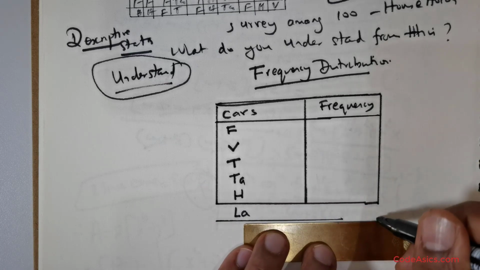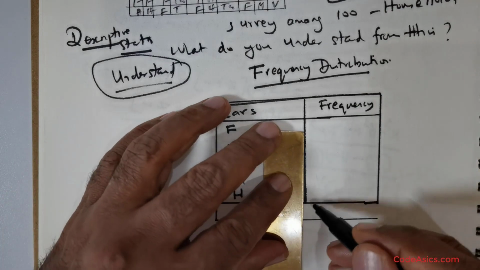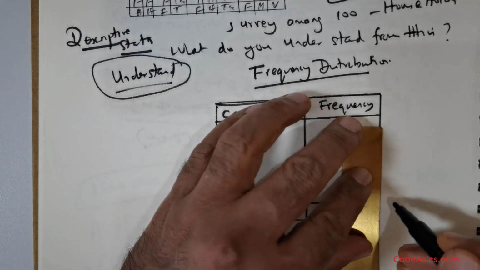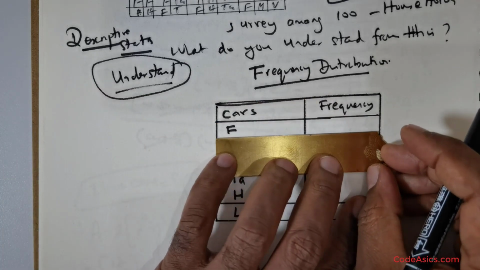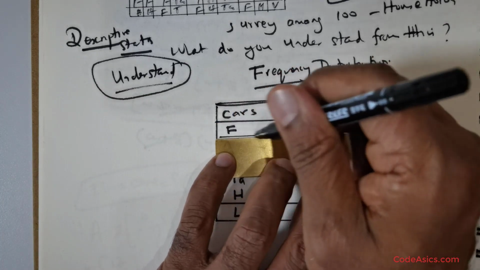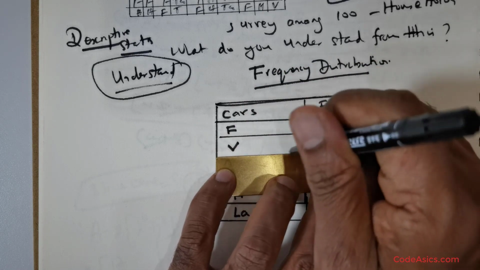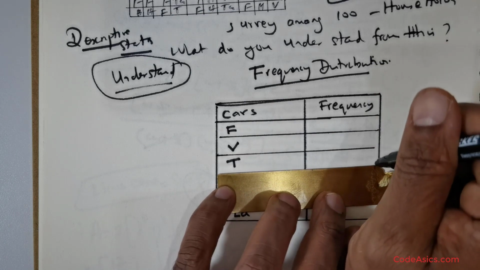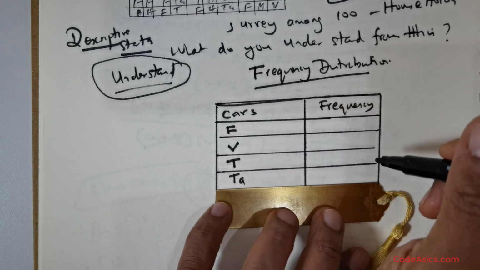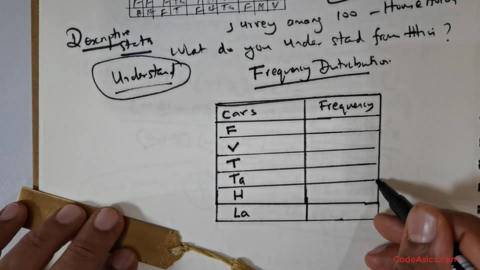This is going to be our frequency distribution table. In this, we have to look for the number of Ford cars that we have obtained in the data. So I'm just completing this table.